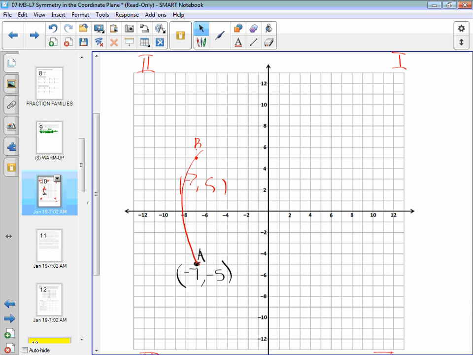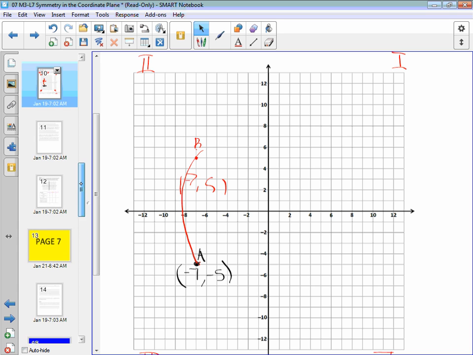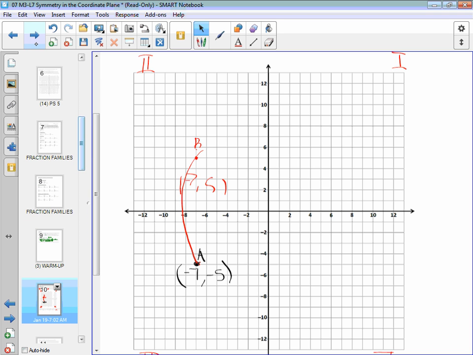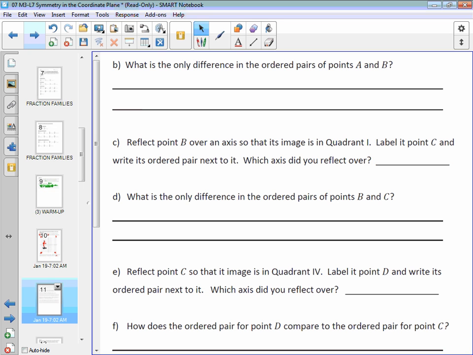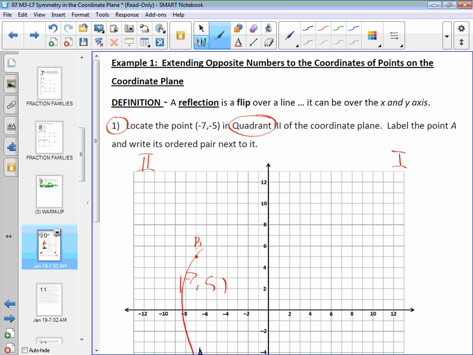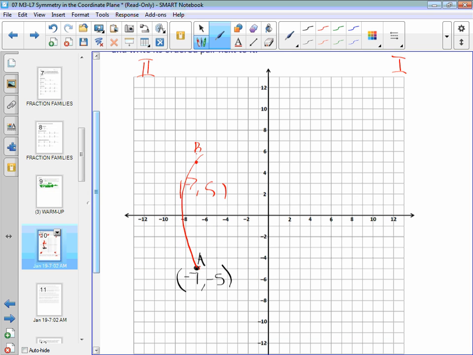Actually, let me flip because I'm going to ask you one more question before we do the next reflection. Which coordinates stayed the same when you reflected over the x-axis? And which ones are different? Carly. Yup.